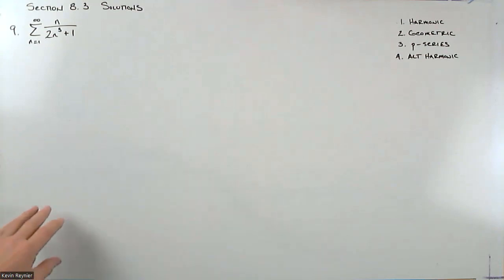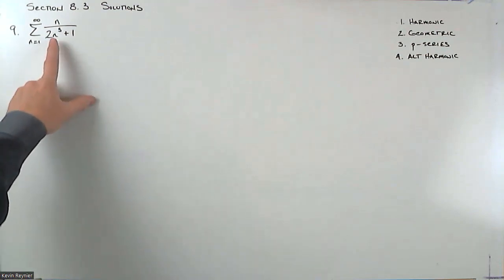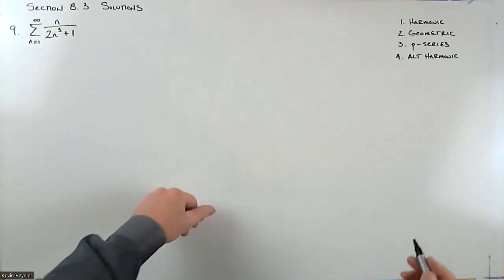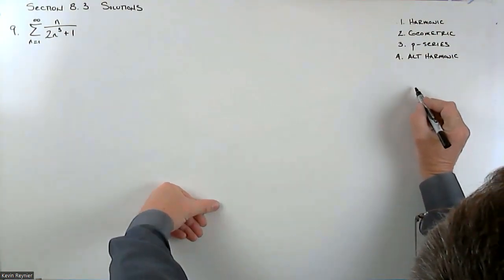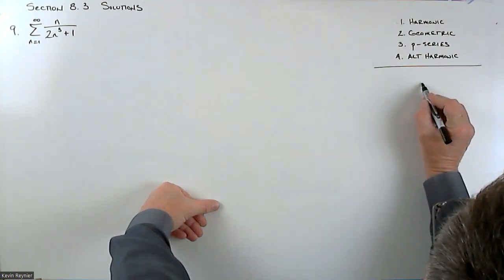Now, remembering, of course, that if we can make this smaller than something that converges, right? So let's just think about it this way.